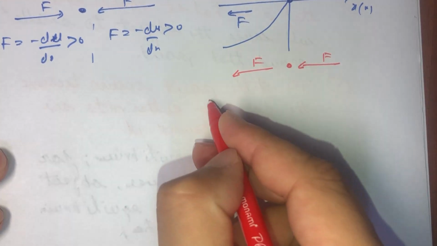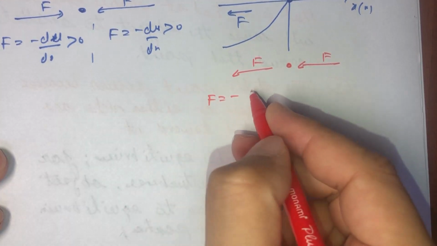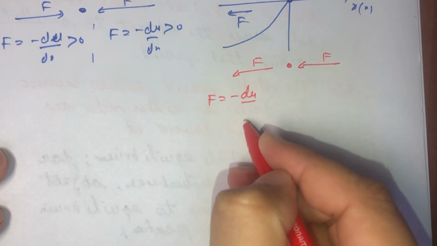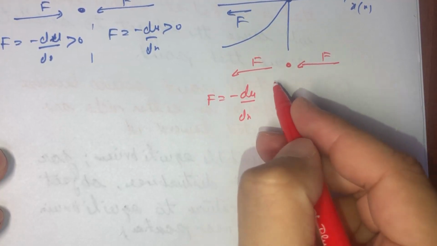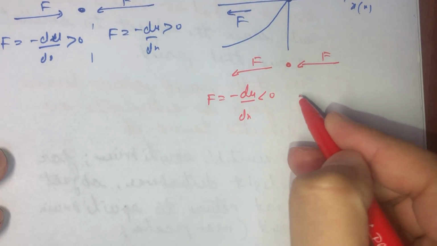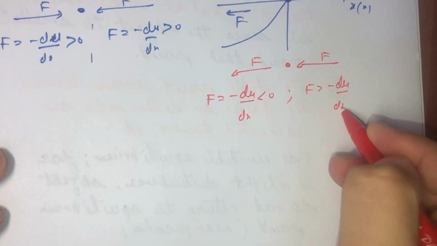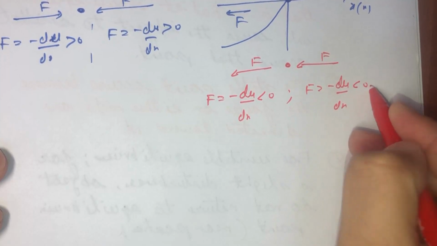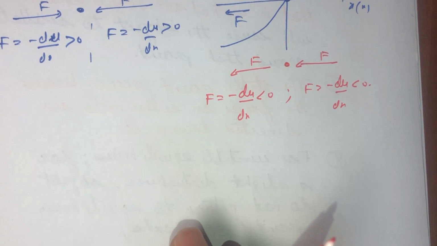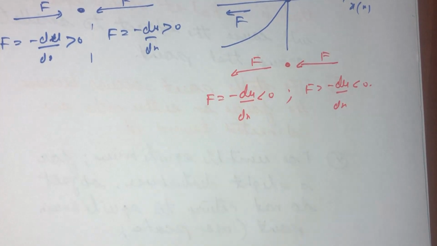So we can write here that F will be equal to minus, once again, du by dx, and that will be less than 0. And here also F will be equal to minus du by dx, and that will be also less than 0. So this is the basic idea about the forces which will be acting on the object.